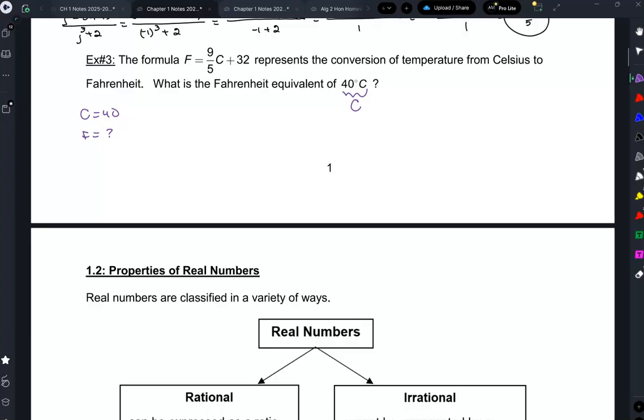Okay, so here we go. F is 9 over 5 times 40. Yep.